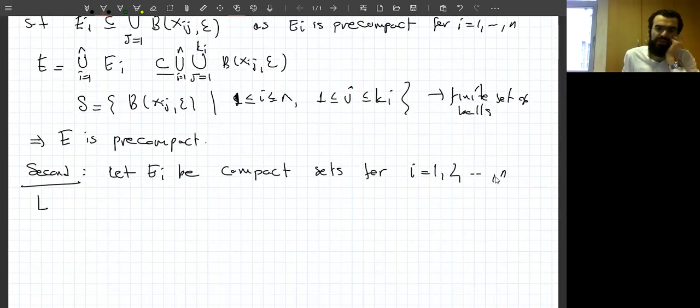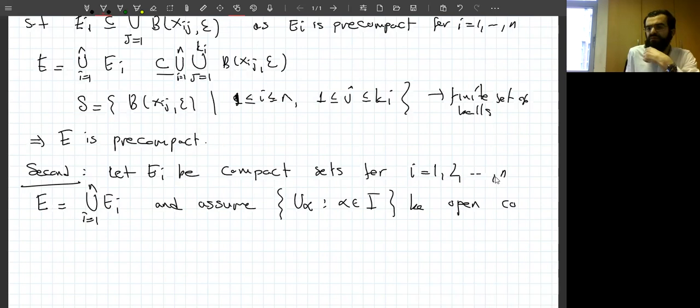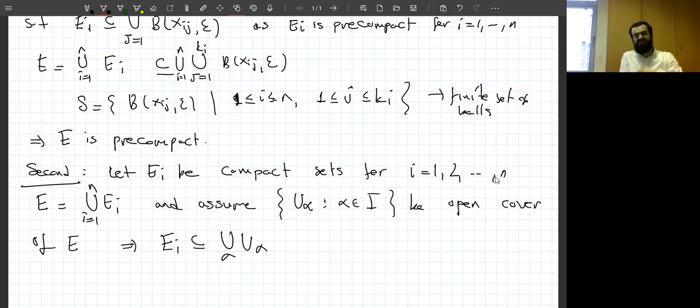So let E be this union and assume this set U_alpha is an open cover of our set E, so E is a subset of the union of U_alpha, isn't it?